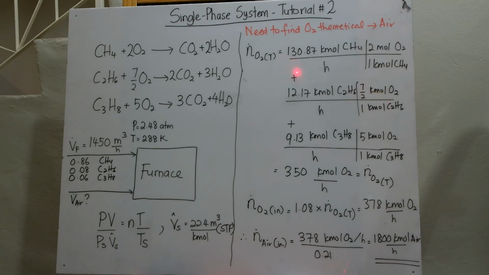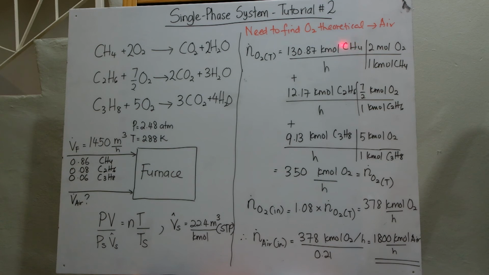From the molar flow rate for each compound, now we calculate the theoretical number of moles of oxygen required for the process. Okay, so we know just now the number of moles of methane is 130.87 kmol per hour. So now to find the theoretical, we use the theoretical method of calculation.